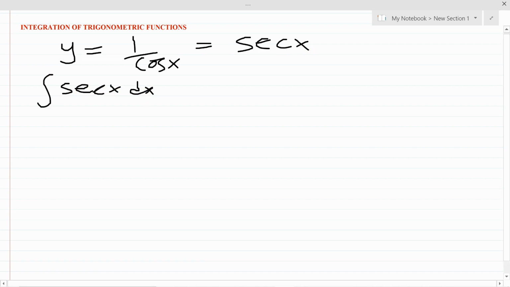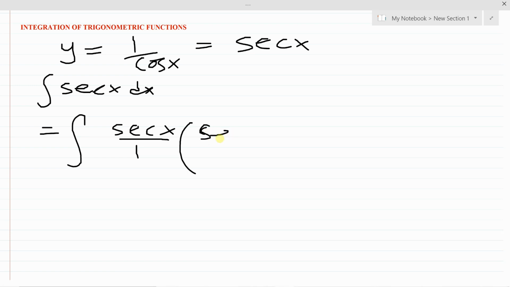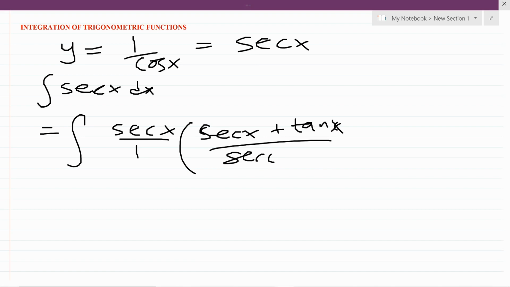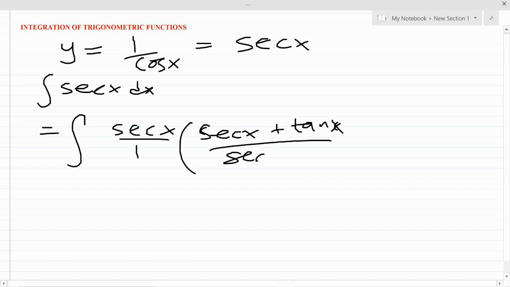And the same thing this time too, we pre-multiply this whole thing by sec x plus tan x over sec x plus tan x, dx.